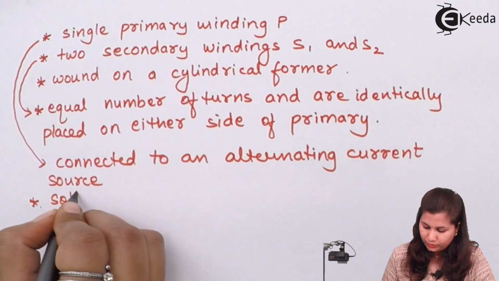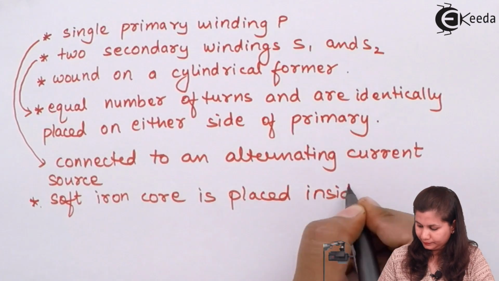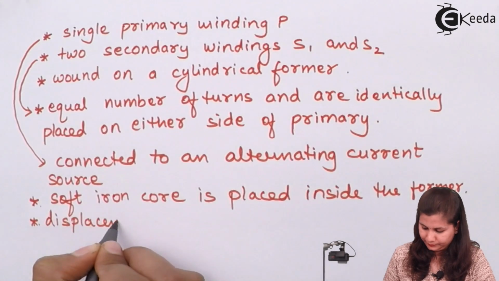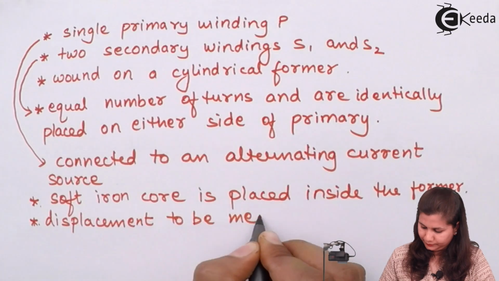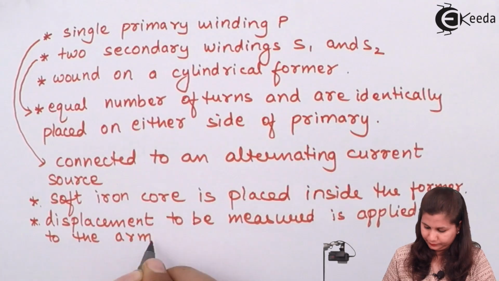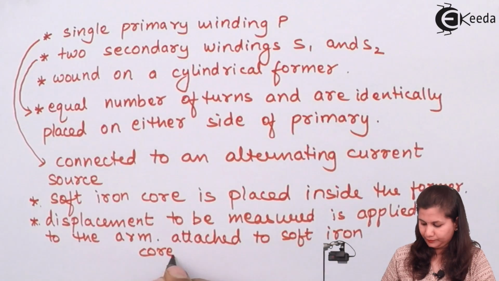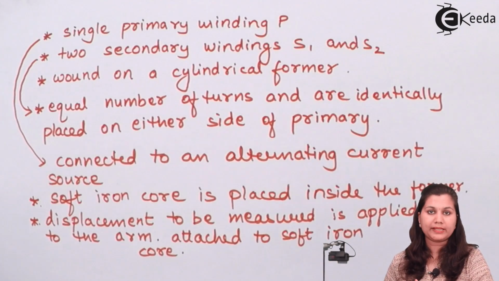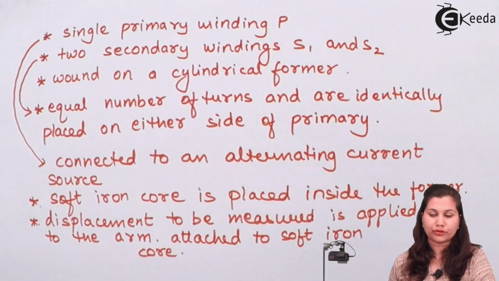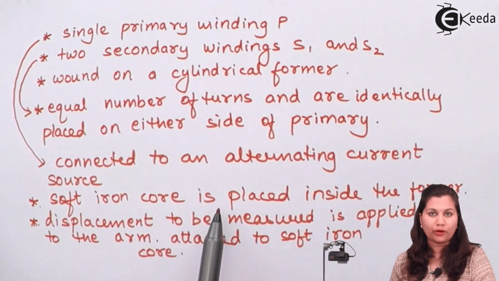Now the soft iron core. So these were the main components present in the LVDT, or we can say this is the basic construction of the LVDT, having one primary winding, two secondary windings, and one soft iron core.